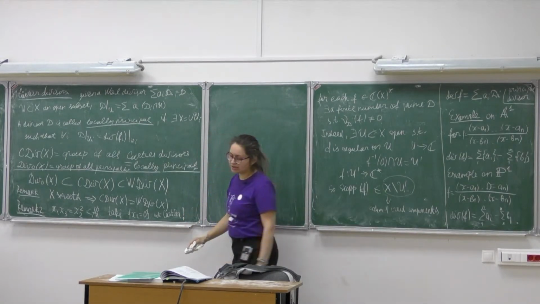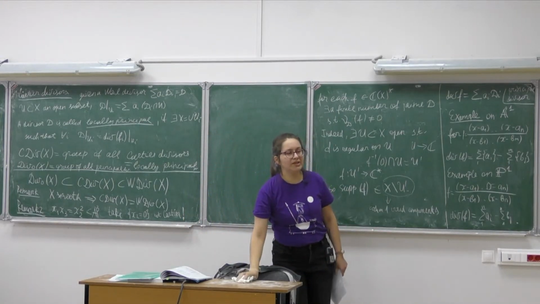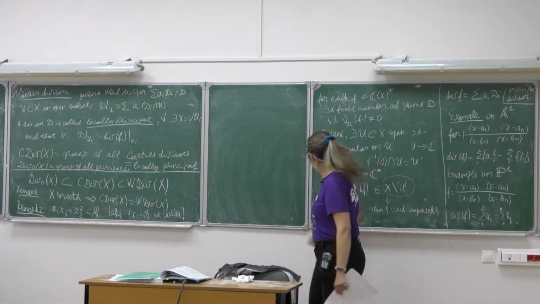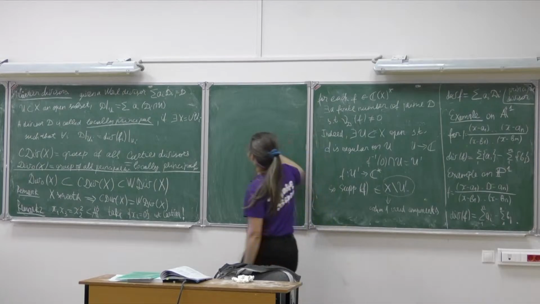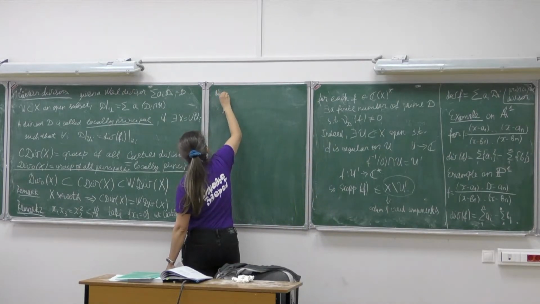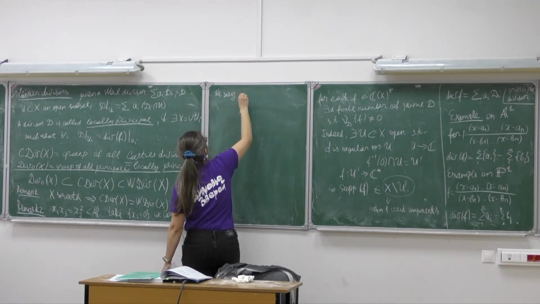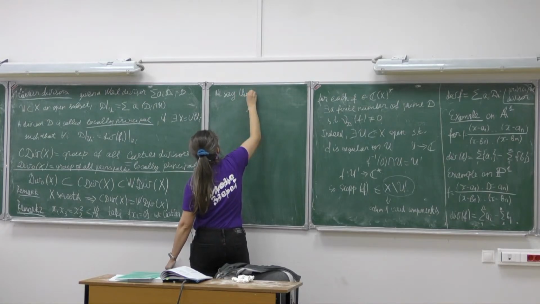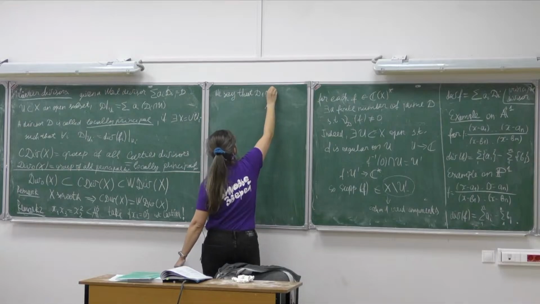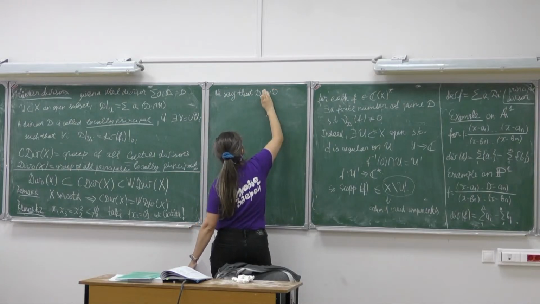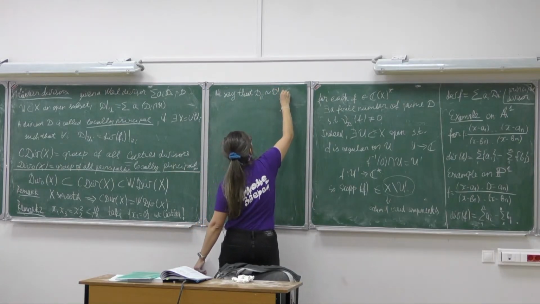So we say that two divisors D and D prime are linearly equivalent if their difference is a principal divisor.